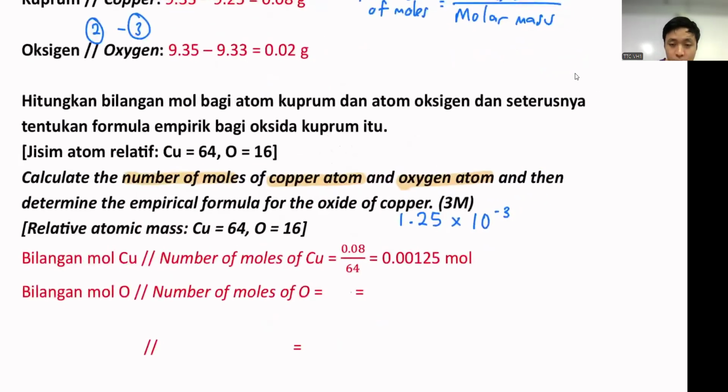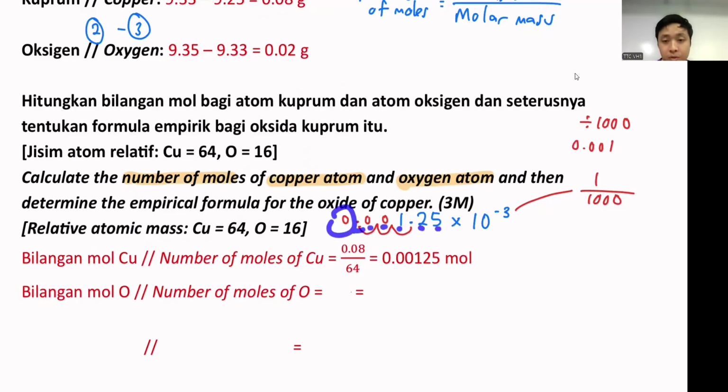You learn in mathematics that 10 to the power of -3 means divide by 1000, or 1/1000, or 0.001. So you just move the decimal place 3 times, and then you will get 0.00125.